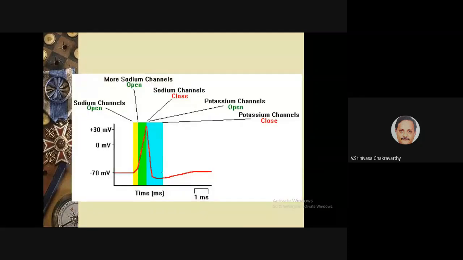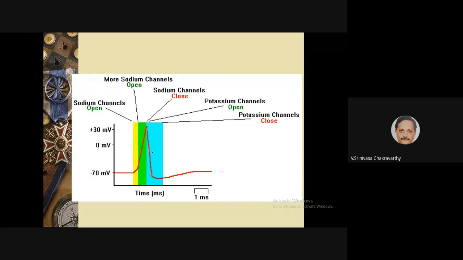So because of these two opposing processes acting on slightly different time scales, the initial injection of current, especially if it is sufficiently strong, will initiate a rapid opening of sodium channels, which causes a rapid increase in the membrane voltage and takes it to positive values, followed by opening of potassium channels, which will give rise to a rapid decrease in the membrane voltage, and then followed by a return to the baseline value.